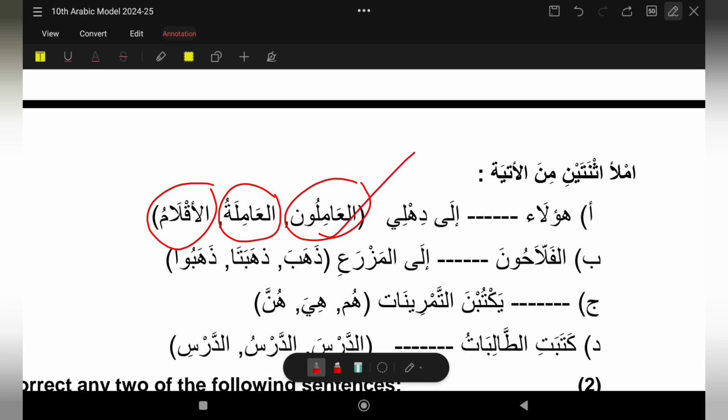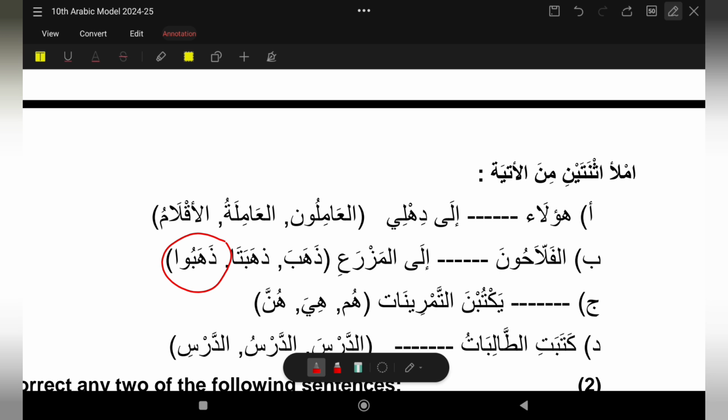Okay, and then second question. Fallahuna dash ila al-mazra'i. Fallahuna dhahabu. That is the answer.